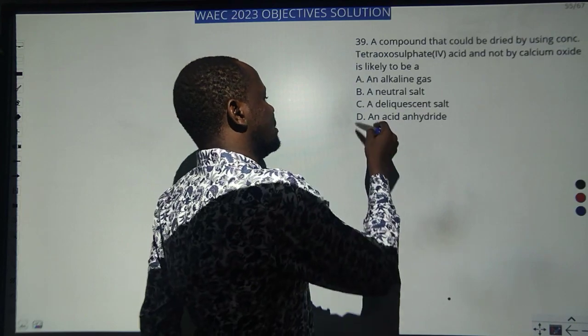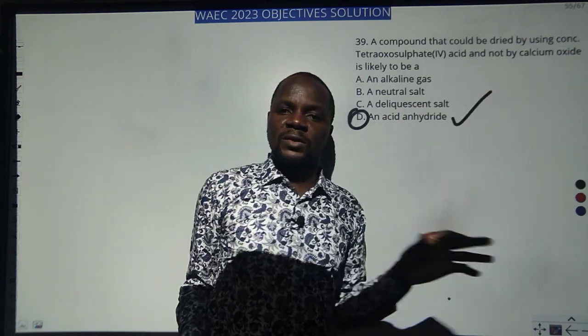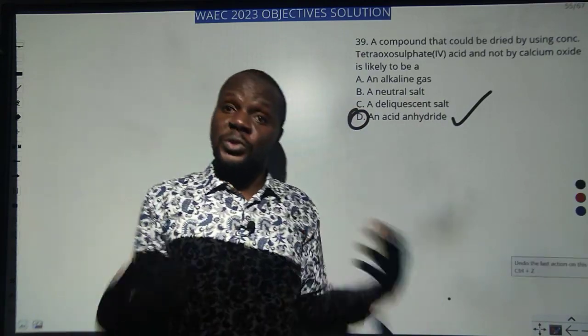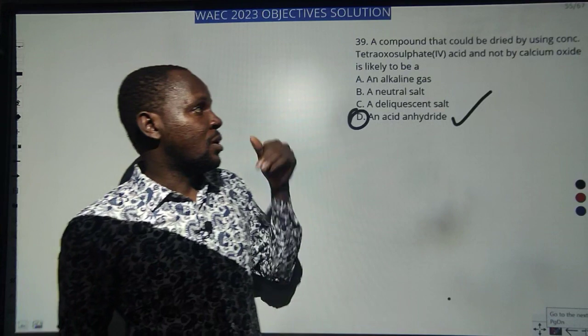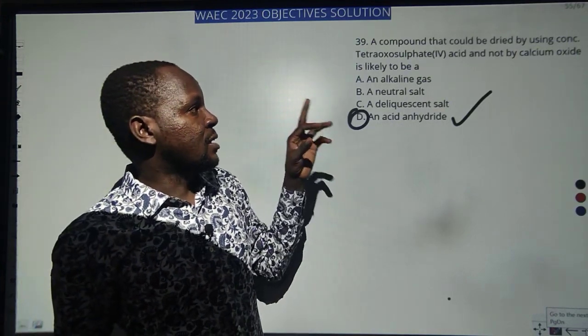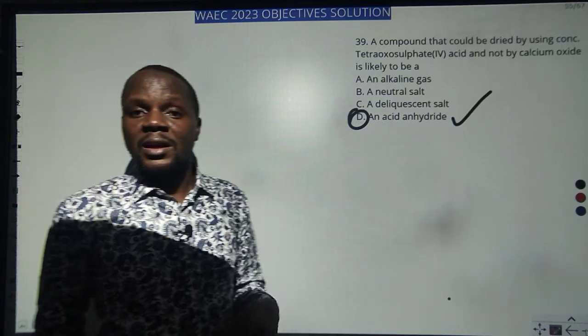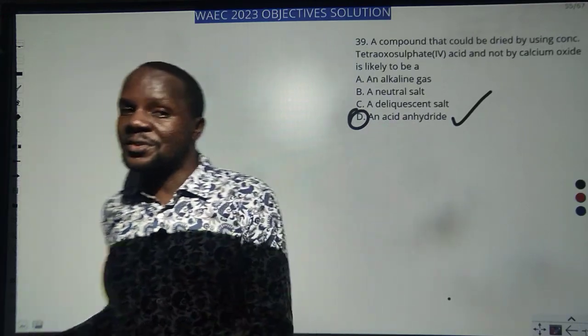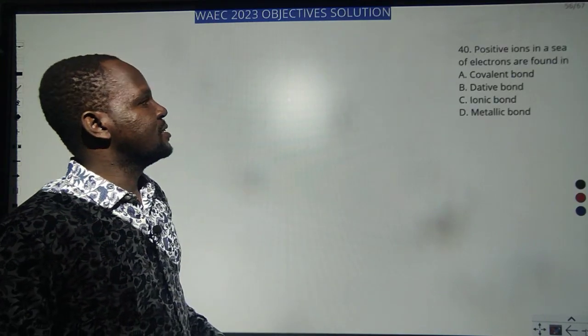Out of all of these, it is only this kind, acid anhydride. Acid anhydride can be tried with H2SO4 because it will not react with it. Every other option will react with H2SO4 and not by calcium chloride. If you try calcium chloride with acid anhydride, it's going to react with it to form salt and water. Do you get that? The next, 40.